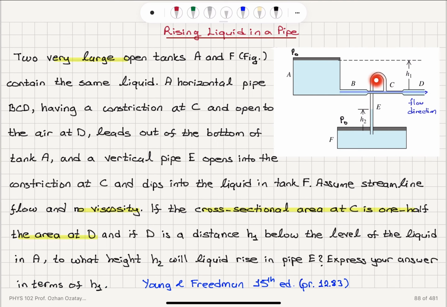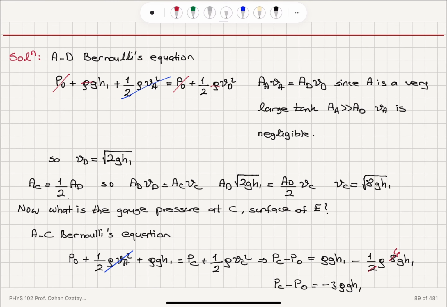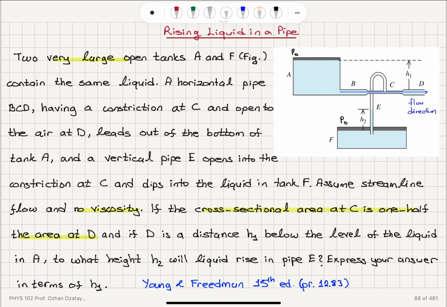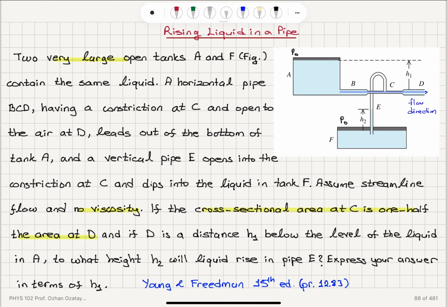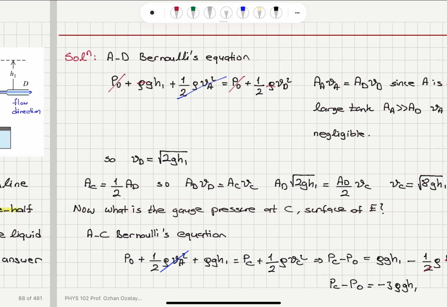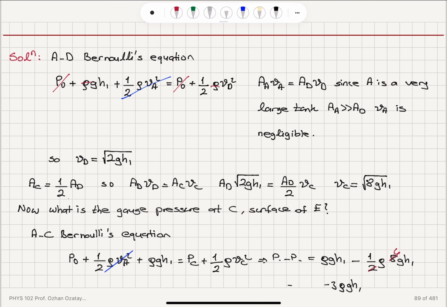The gauge pressure at C, which is the same thing as the gauge pressure at E, can be obtained using Bernoulli's equation between A and C. The pressure P0, plus 1/2 rho VA squared, which is again very small because it's coming down very slowly, plus rho GH1, the potential energy, is the pressure at C plus 1/2 rho VC squared. So that's the rate at which the liquid is flowing through C. And this is going to give me a gauge pressure of minus 3 rho GH1, substituting for VC square root 8GH1 into this equation.